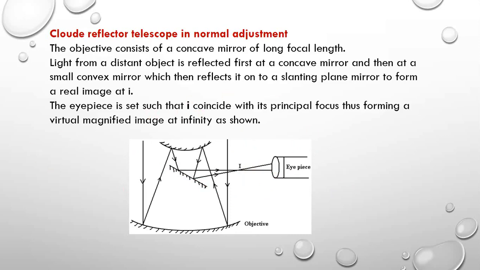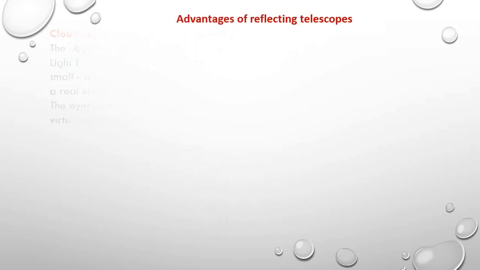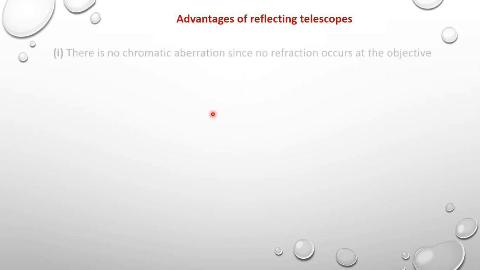Let's look at the advantages and disadvantages of these reflecting telescopes. Let's begin by looking at the advantages. One, in these reflector telescopes, there is no chromatic aberration, since no refraction occurs at the objective.